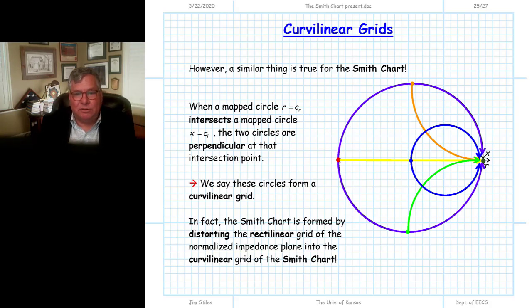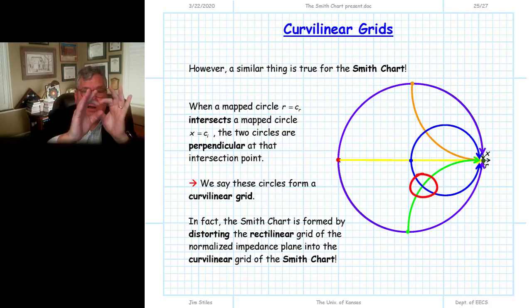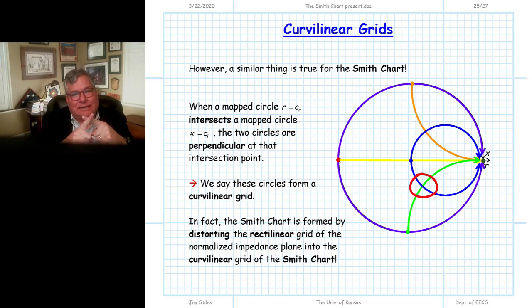When we map this onto the complex gamma plane, what we, of course, lose is the rectilinear grid, the Cartesian grid. The contours are clearly no longer vertical lines and horizontal lines, but they are still a curvilinear grid in that at any point when we look at one x-equal contour and one r-equal contour, our circle, what we find as we converge to that point is that they cross at an angle that is always 90 degrees with respect to each other.